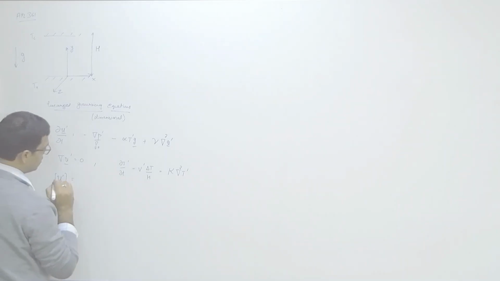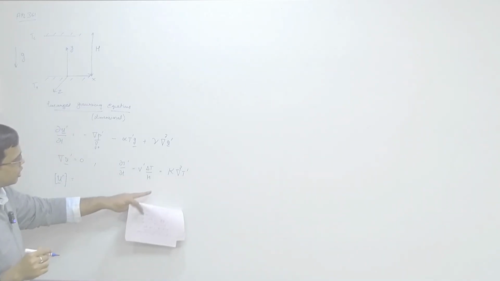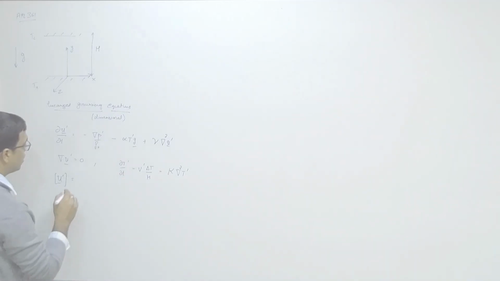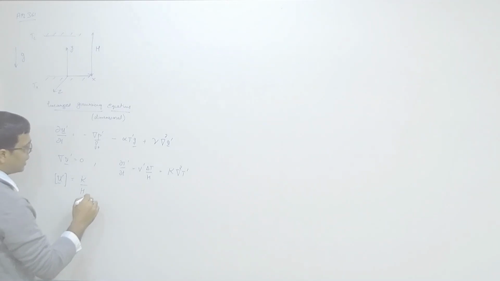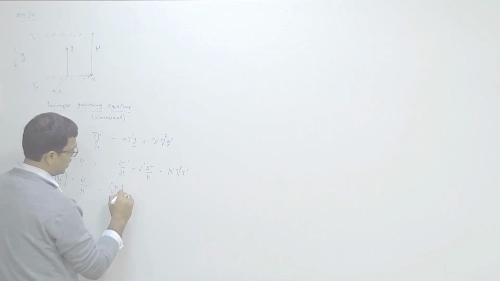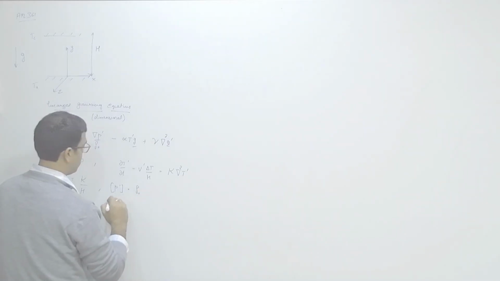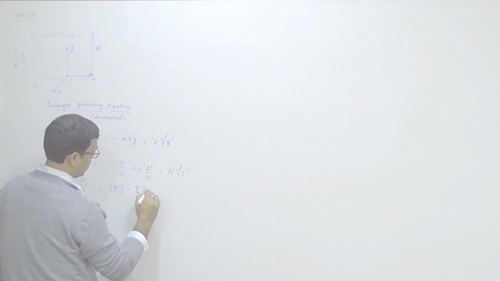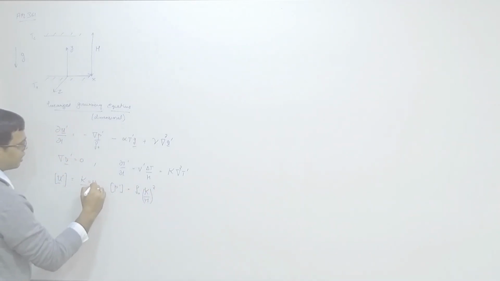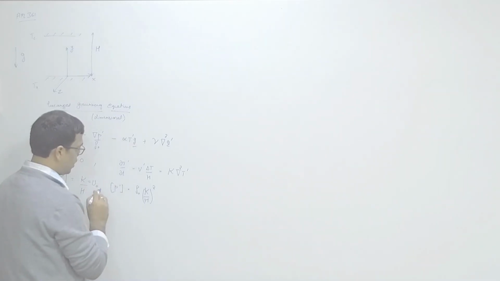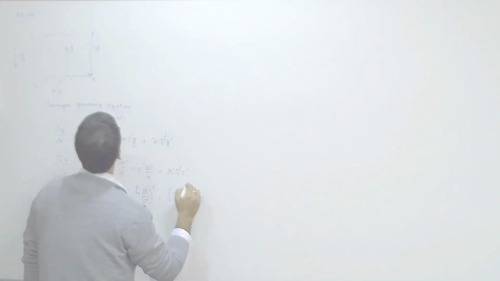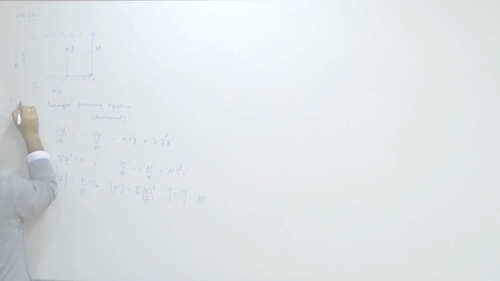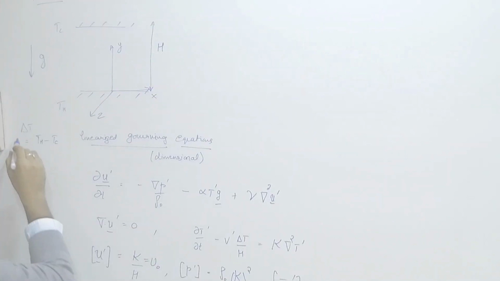The velocity perturbation scale that we chose was based on the thermal diffusivity, kappa over capital H. The pressure scale was rho naught kappa over H square. If you call this U naught, it makes writing easier. The temperature perturbation scale was delta T, which is TH minus TC.